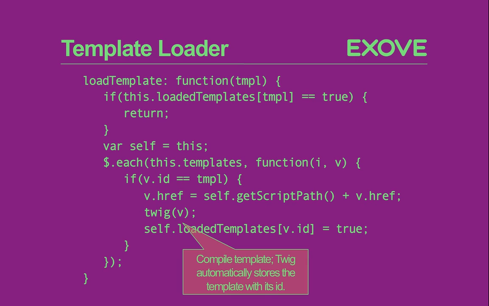Notice that I don't store the loaded template. This compiles the template, but I don't get anything back that I would like to store, because Twig knows based on the ID, because the template has a certain syntax, that the template is there, so I can use that as a reference later.